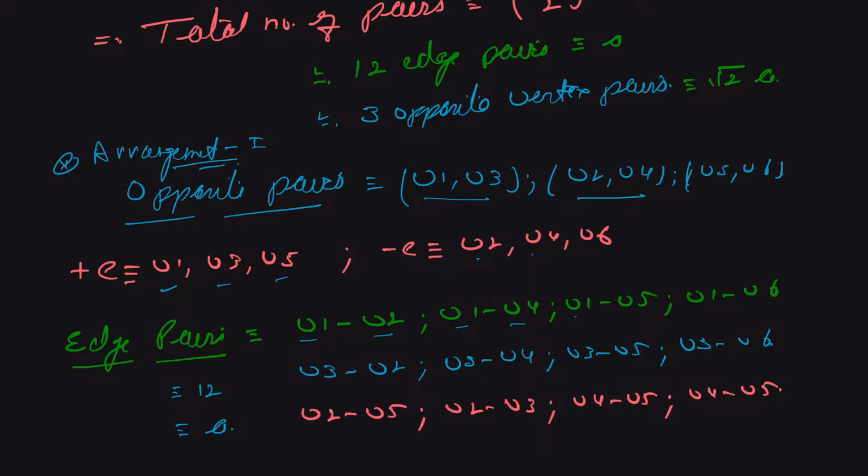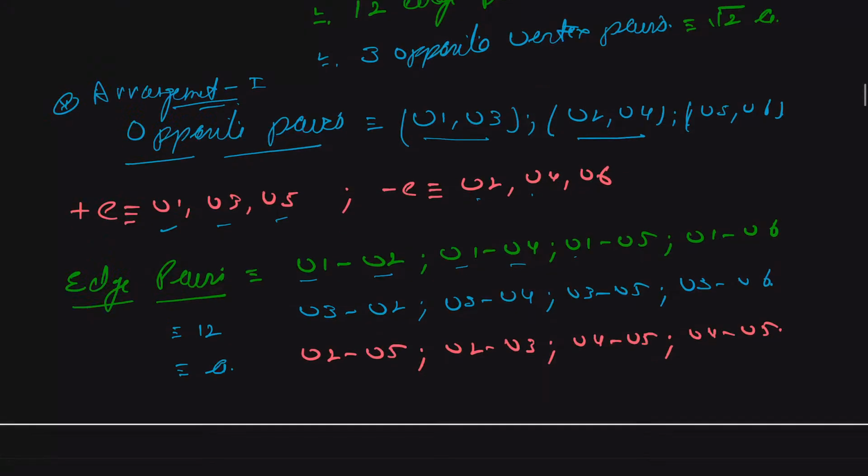In this arrangement 1, you can see that all these 12 edge pairs have opposite charges, and these opposite pairs have the same charges, like V1, V3 have the same charge, V1, V5 have the same charge. Similarly, all the opposite pairs have the same charges, and if they are the same charges, we are always going to get repulsion.